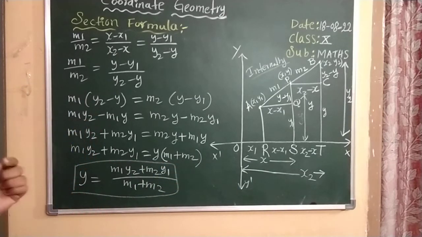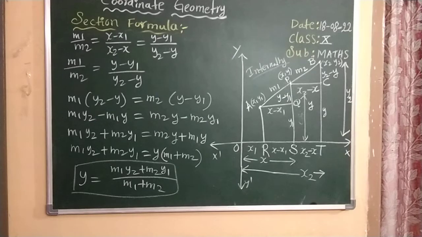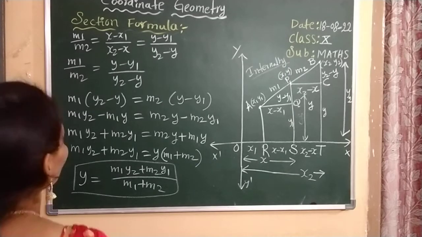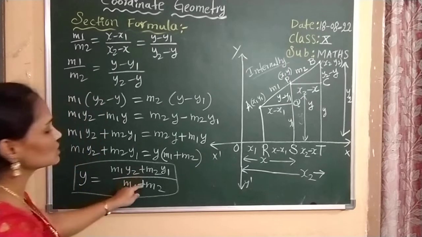Now x we got and y also we got. This is when the point P divides AB in the ratio m1 is to m2 internally. In a similar way, if the point divides AB in the ratio m1 is to m2 externally, just the symbols will change.